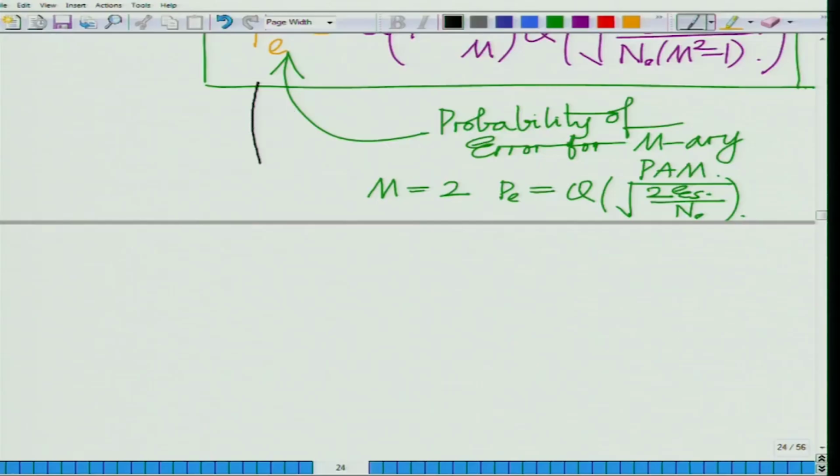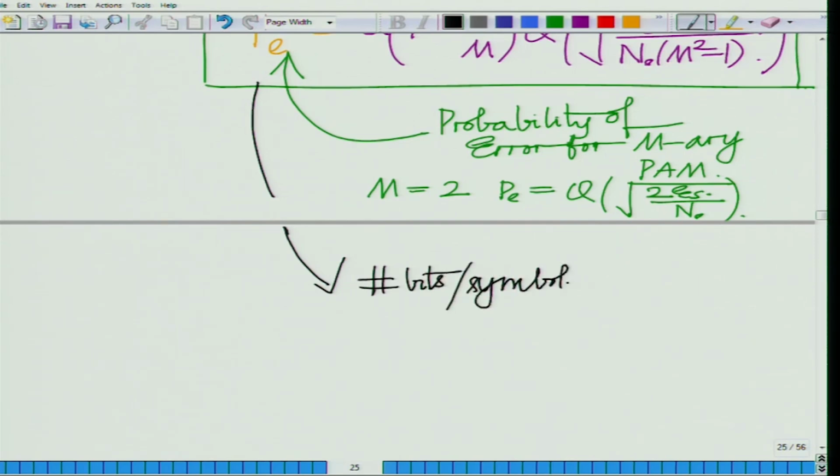That is why the performance of this general modulation scheme is important. So, the final point I want to mention is, again emphasizing, number of bits per symbol equals log m to the base 2.